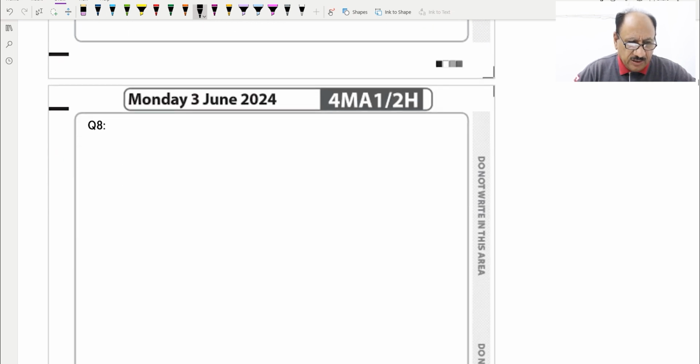Now question number 8, this is a ratio question. Ishar plants 600 bulbs in a garden. He plants tulip bulbs, crocus bulbs and daffodil bulbs, so 3 types of bulbs. So those are like T, C and D, these ratios.